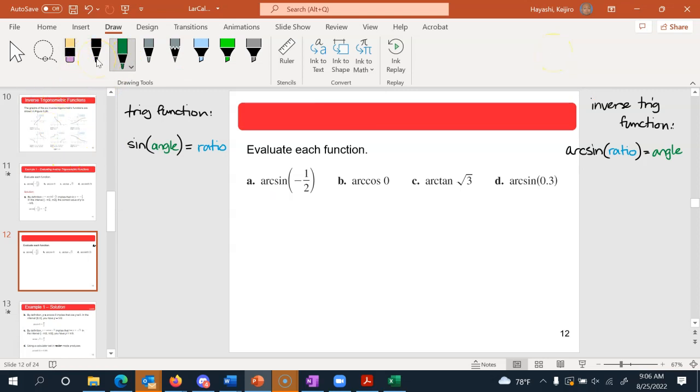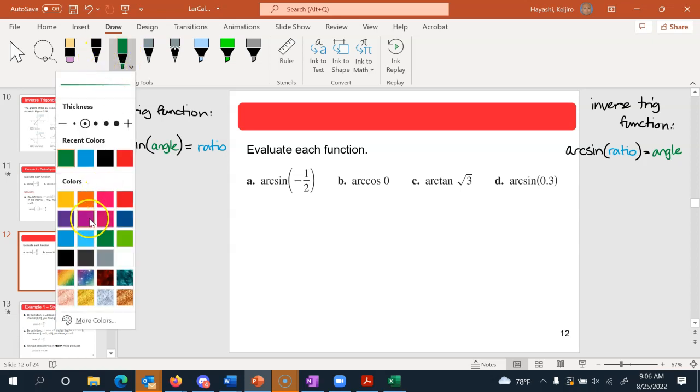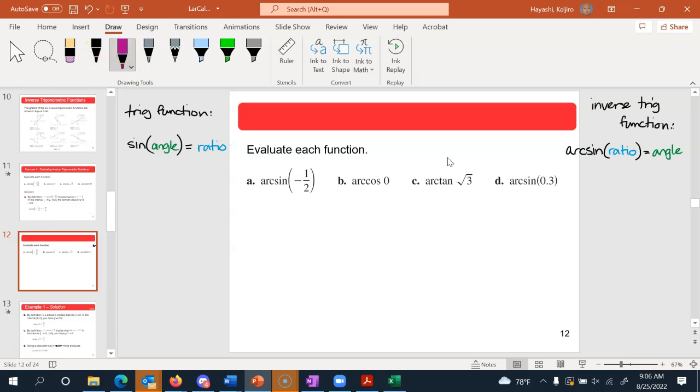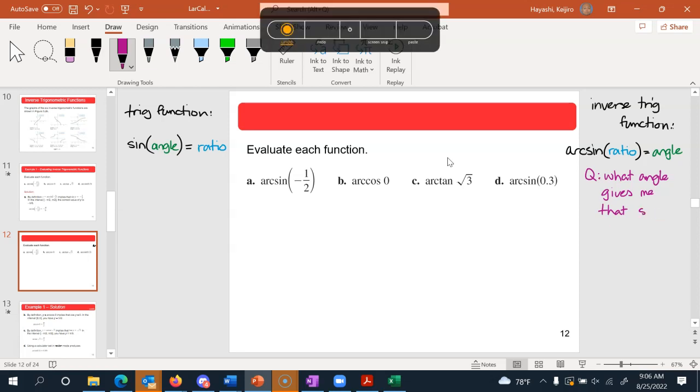And so with an inverse trigonometric function like that, you're really asking the question, what angle gives me that sine or cosine or tangent, depending on what the inverse trigonometric function is.